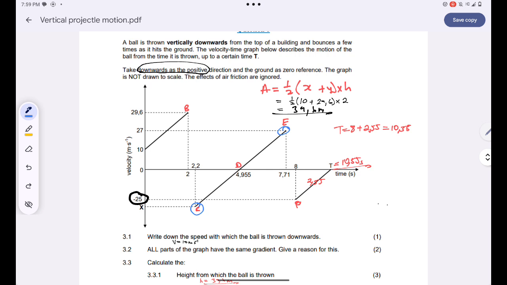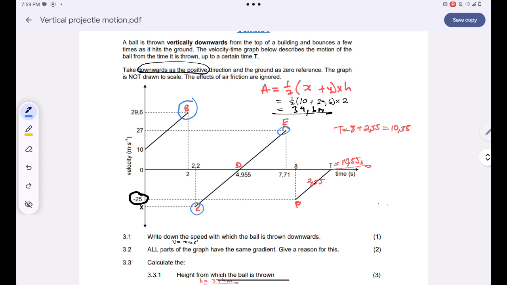So here we can see that, guys, for the first bounce, the ball reached the ground at the velocity of 29.6 meters per second. Are you together? However, it left the ground at a speed of 27 meters per second. It simply means that when the ball bounces, the kinetic energy was converted to other forms of energy.